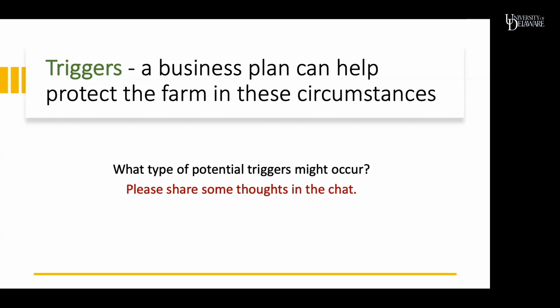Let's see, we've got natural disasters, death of a partner, yep, those are both, global pandemic, absolutely great answers. Yes, indeed. Market crash, climate change, equipment failure. Terrific. Yes. All kinds of great answers.